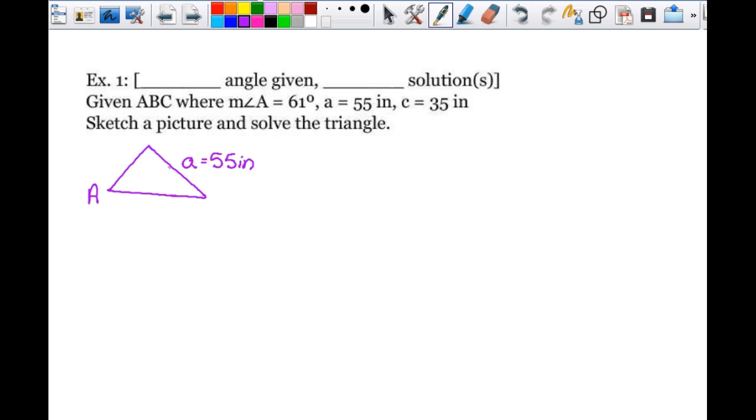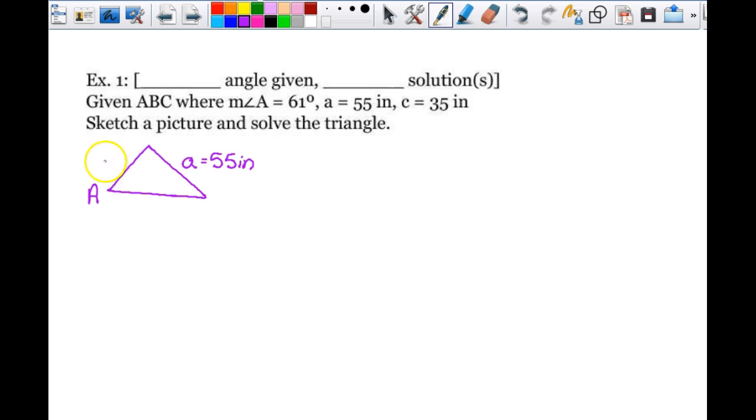It doesn't matter where I put the b, as long as if this is capital B, I put little b over here. But it might be helpful to always be consistent in how you draw them. Since the other side that I have is actually C, not B, it doesn't matter, right? Because it's just another side.